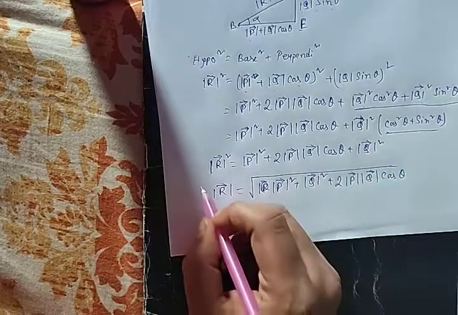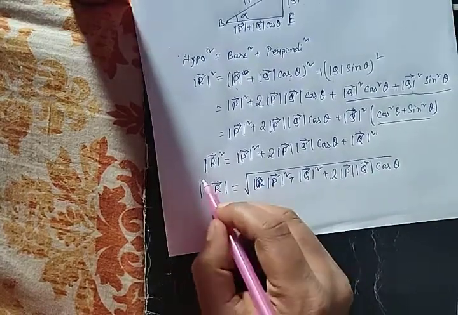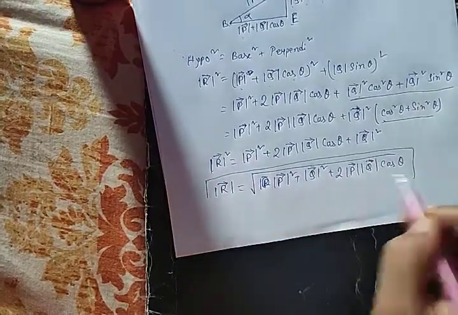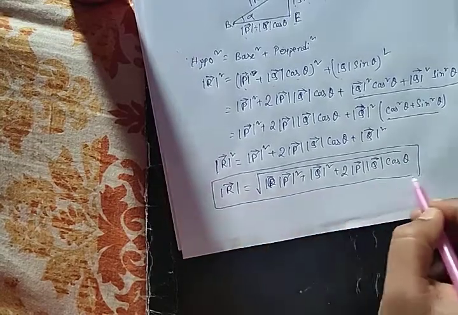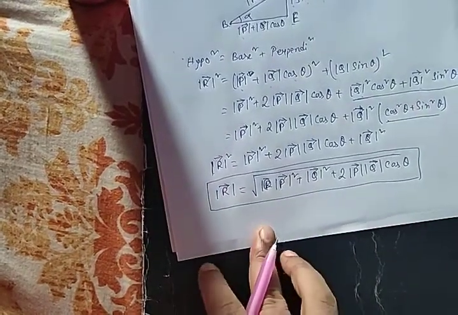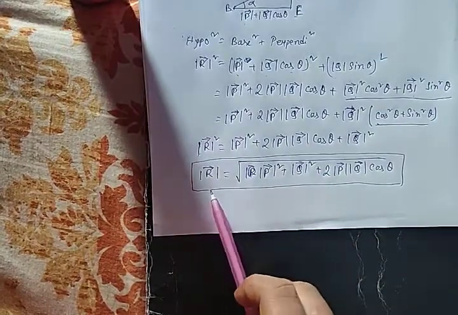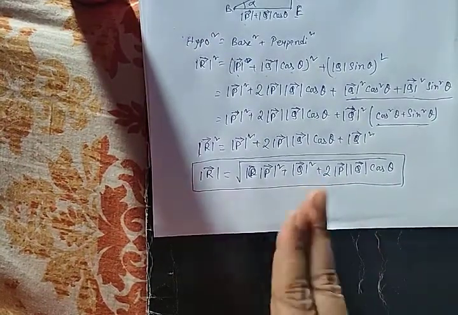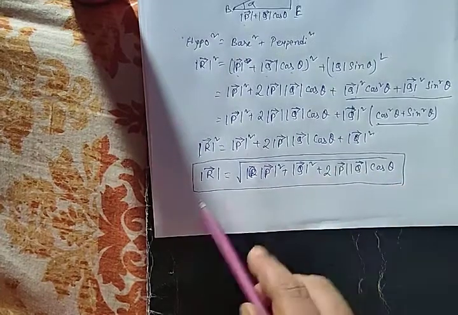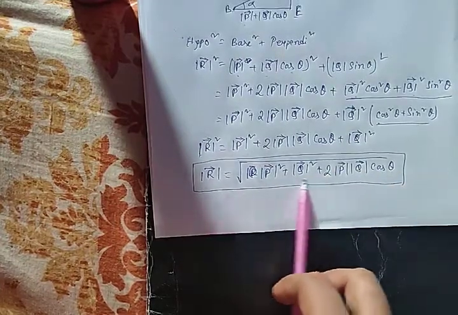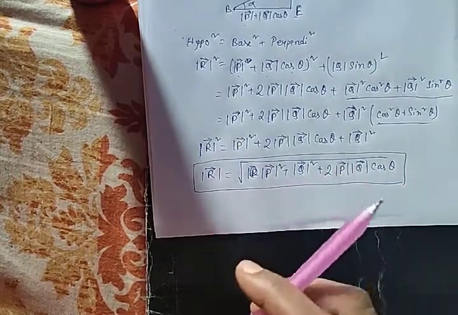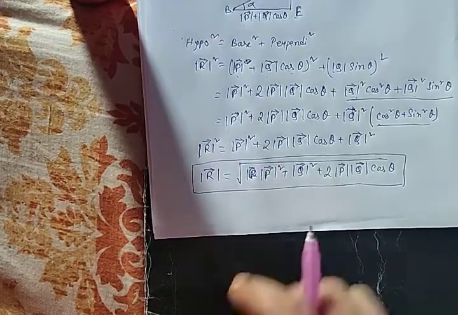Okay, so this is our final expression for the resultant vector. But remember, this is only the magnitude. A vector has two parts, magnitude and direction. So we have found the magnitude part, but now again we have to find the direction.